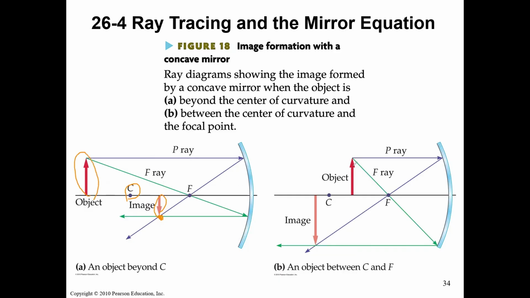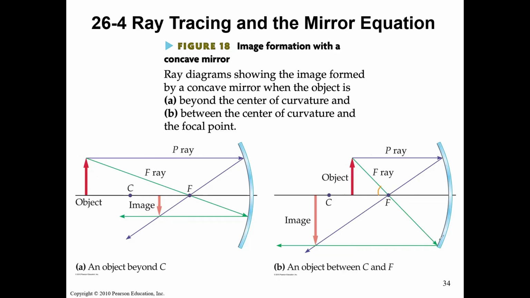Okay. Now, if you move the object closer to the mirror, again, the P ray is still the same because the object is the same height. The P ray will still hit the mirror at the same height, and then it will go through the focal point. Okay, so the blue line is the same. But when you move the object closer to the mirror, what happens is that the F ray will actually make a larger angle with respect to the principal axis.